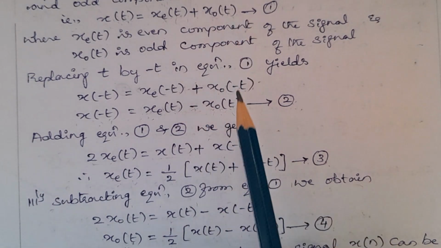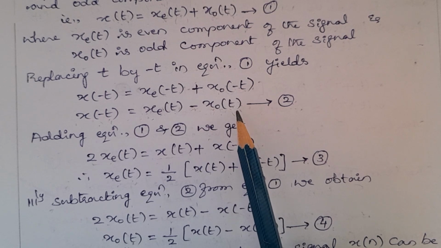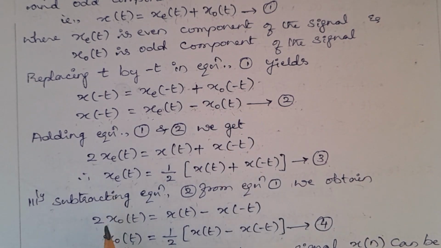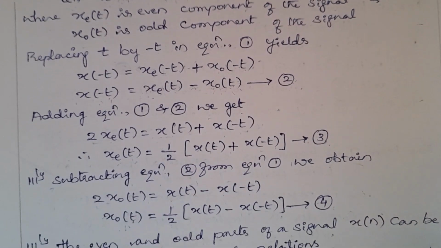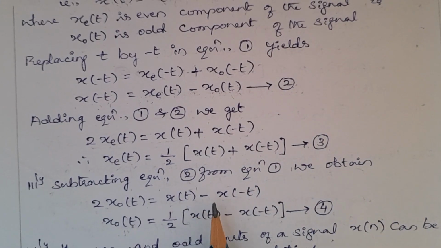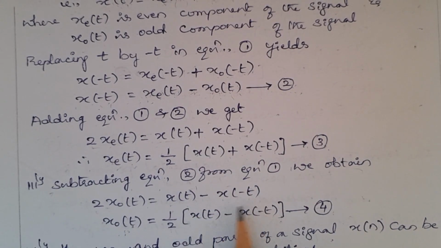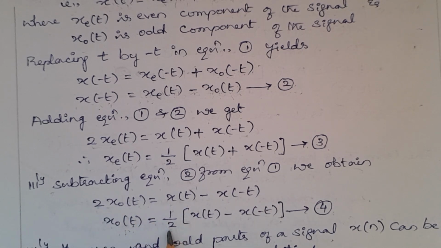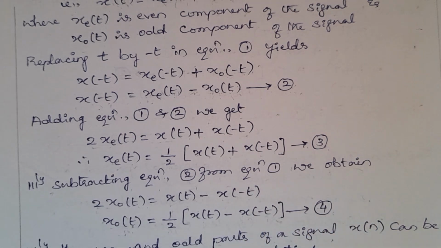So it is 2 times xo of t. So 2 times xo of t equals x of t minus x of minus t. Then cross multiply, xo of t equals 1 upon 2 into x of t minus x of minus t. Call it equation number 4.